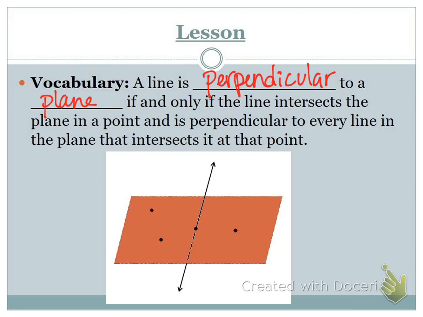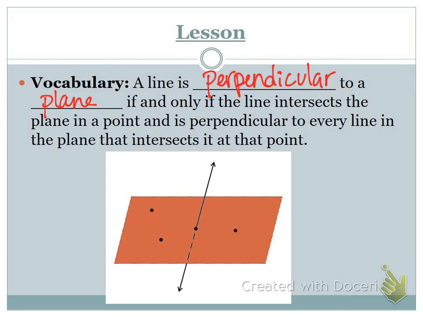Okay? So if I were to drop a piece of string from the ceiling and it's just hanging straight down, assuming that this building is level, then that piece of string would be perpendicular to the ceiling.